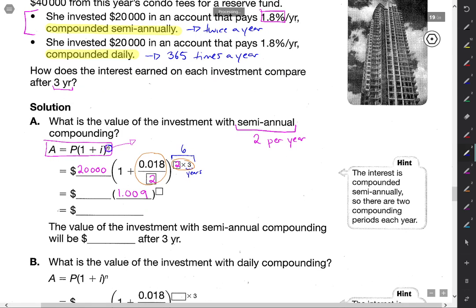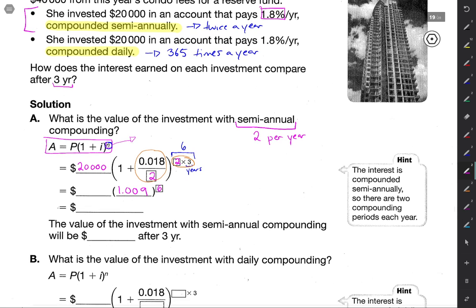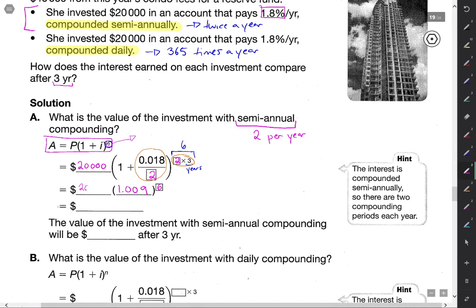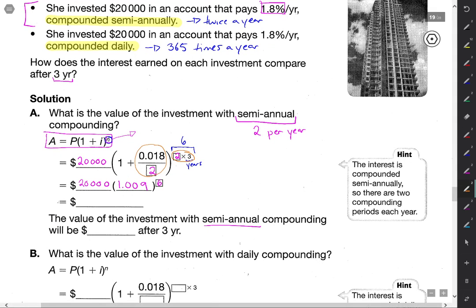So 2 times 3, that's where we get our 6 that we were talking about. So n is 6. That's how many times we're compounding it in those 3 years, or collecting the interest. And then the 20,000 on the outside of the brackets will just stay the same. So in your calculator, you're going to do 1.009 to the power of 6, and then you're going to multiply that times $20,000.